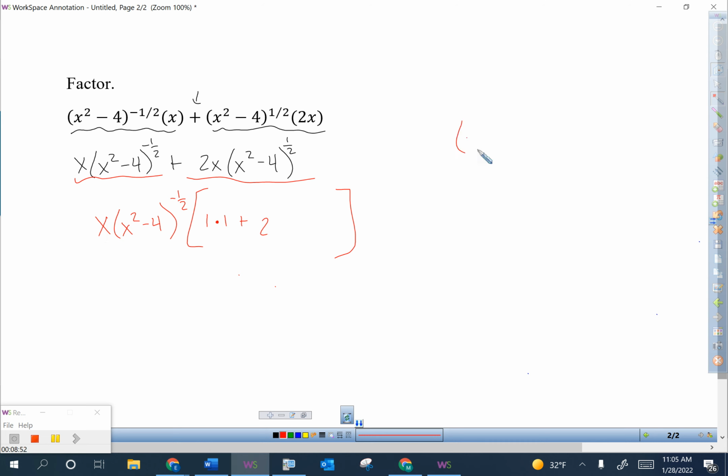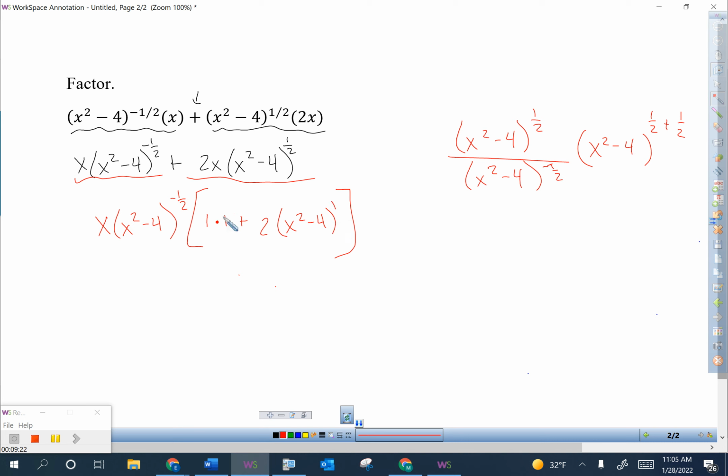Okay, so remember, it's this first part on top, x squared minus 4 to the 1/2, divided by what we're factoring out, x squared minus 4 to the negative 1/2. Our bases match, so we've got x squared minus 4, and because we're dividing, we're going to subtract our exponents. 1/2 minus a negative makes plus, and 1/2 plus 1/2 is 1. So I'm rewriting with x squared minus 4 to the first power.